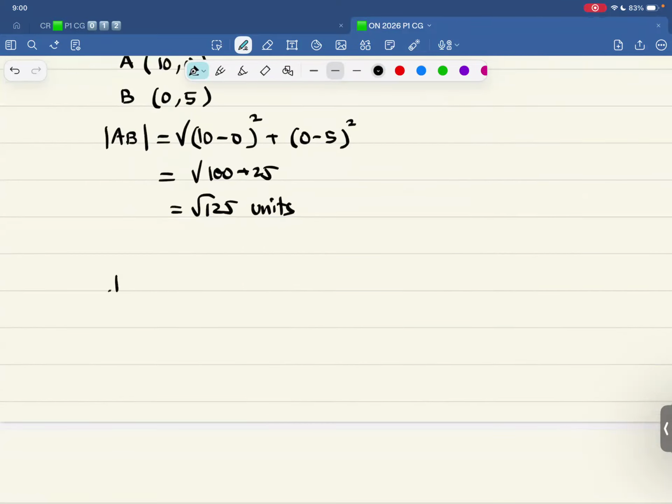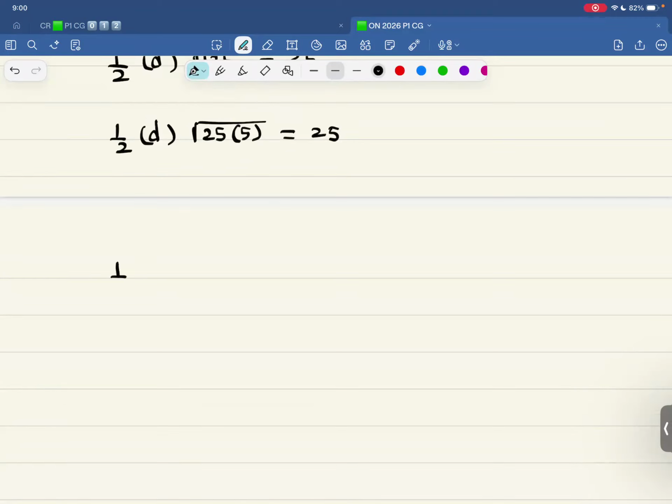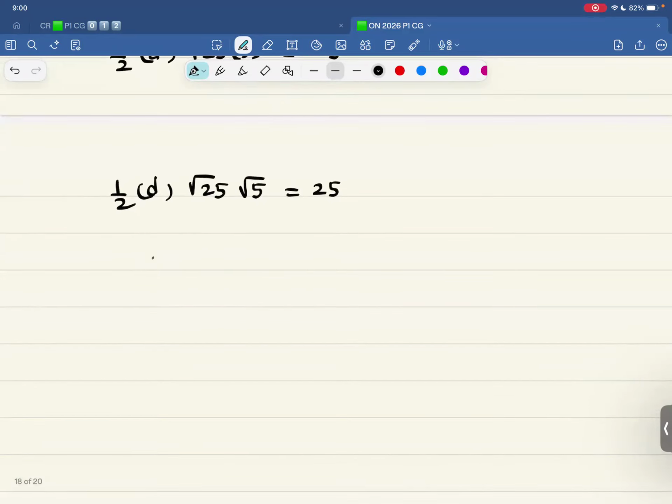So now half into the distance d into square root of 125 equals 25. That's the area of the triangle. So this is half, and d as it is. Square root of 125 is 5 root 5. That is half into d into 5 root 5 equals 25. So d equals 25 into 2 divided by 5 root 5.